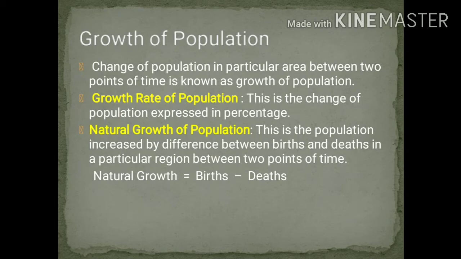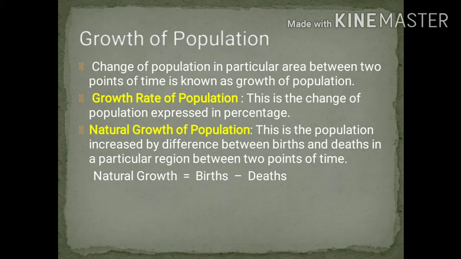What is growth rate of population? This is the change of population which is expressed in percentage. So growth rate is always expressed in percentage. Wherever there is a word called rate, it is always expressed in percentage.